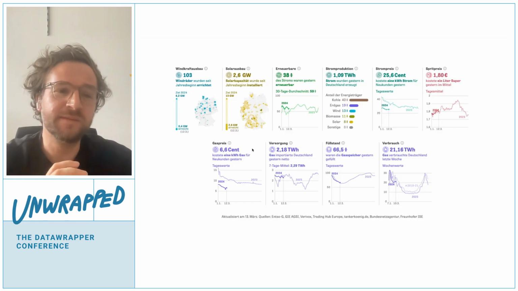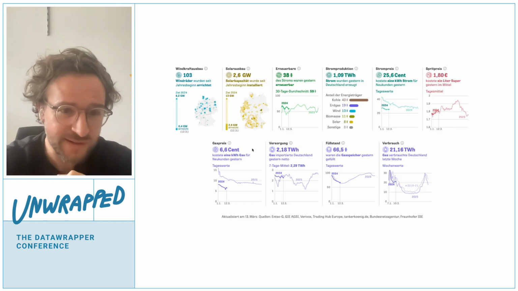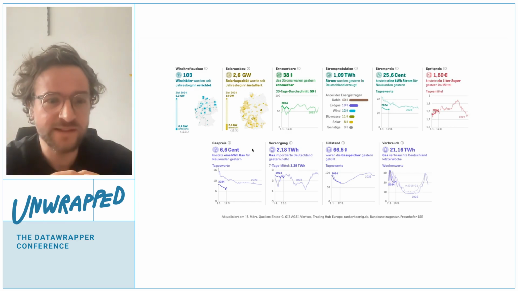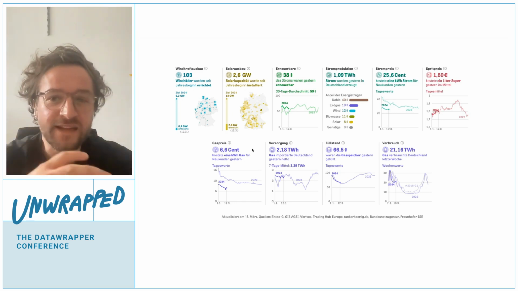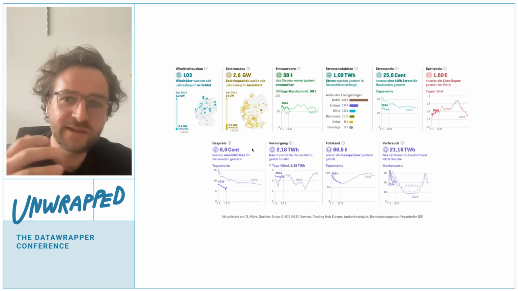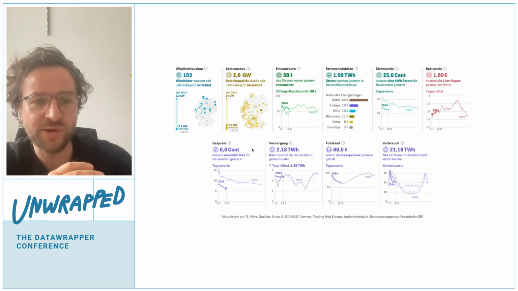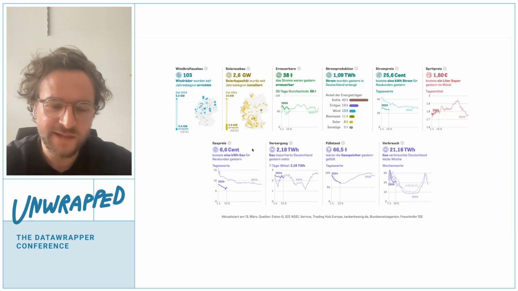And since COVID, we do a lot of dashboards, like this one called our energy monitor, where you can get daily updates about the energy mix or the status of wind turbine expansion in Germany. You can find that information directly on our homepage, for example.